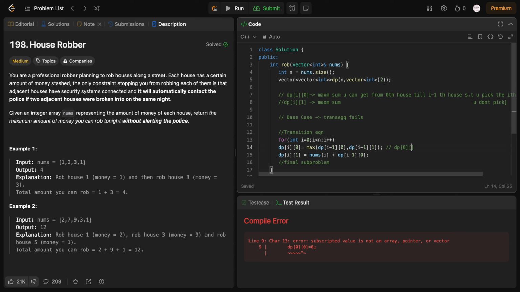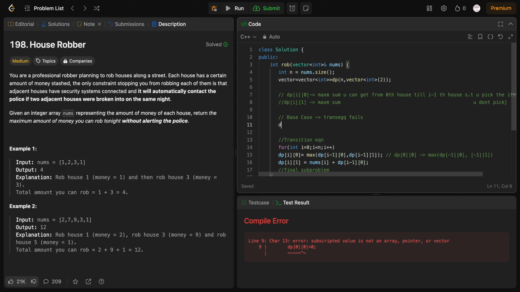If you take the value 0, 0, you'll take the maximum value of dp of minus 1, 0 and minus 1, 1, and these states are not defined. Similarly over here, if you take 0, then you will get nums of 0 only, and here it would be minus 1. So we get two base cases over here.